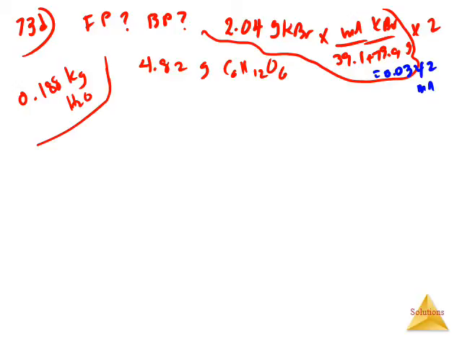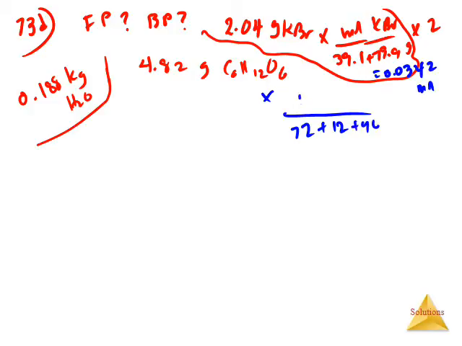Now, starting from glucose, 4.82 gram of glucose, let me calculate mole of glucose. Again, by looking at periodic table, I can write down the molar mass: 6 carbon, 12 times 6, that's 72; 12 hydrogen, that's mass 12; and then 6 oxygen, each oxygen 16, 96.